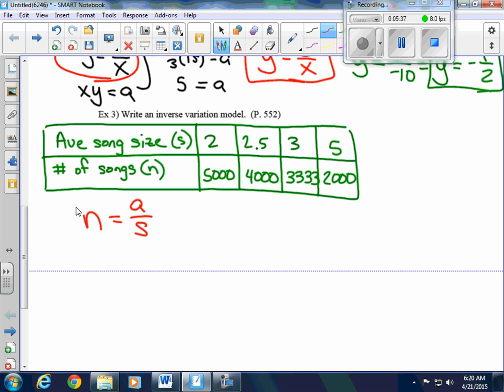So what we want to do is plug these in, and we want to find what the constant of variation is. We're going to use the data that they gave us in the example. It said 2,500 songs. So when there's 2,500 songs and the song size is 4 megabytes, then a is going to be approximately 10,000.